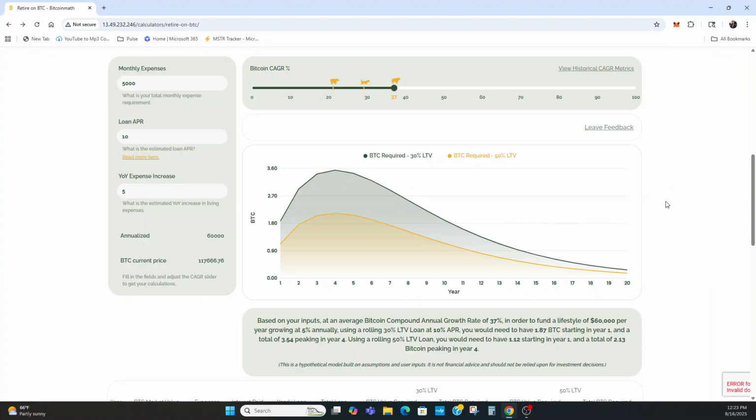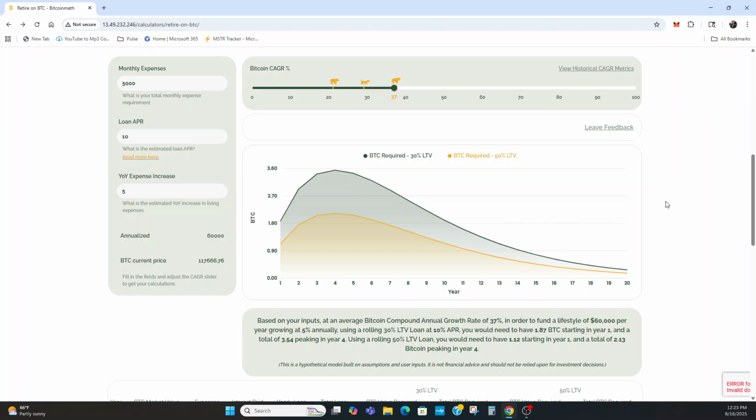There's still a lot of mechanics involved here. I mean, you have to find a lender that you trust. You have to find tools that work and that are proven. And this is not financial advice. I'm not saying this does, should, or will work, or that this is even the best way to do it.